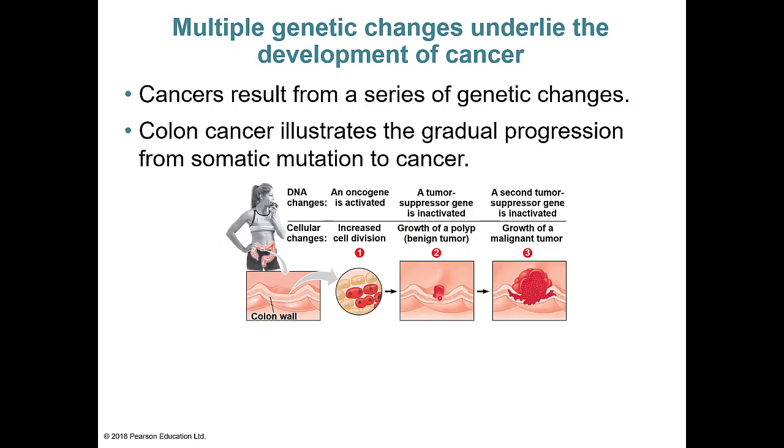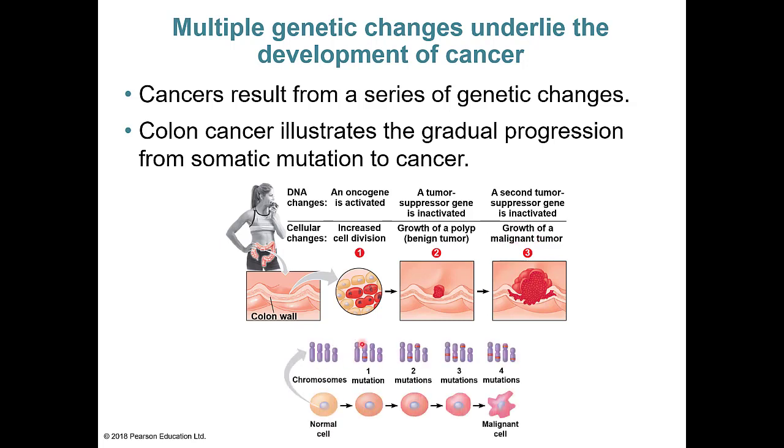So here we have a polyp, which is a benign tumor, and then a second mutation results in the growth of a malignant tumor. This figure on the bottom is showing us that sometimes it's the accumulation of these mutations that gives us this malignant type of cell. So we see a normal cell, and then here we have one mutation in one area of a chromosome.